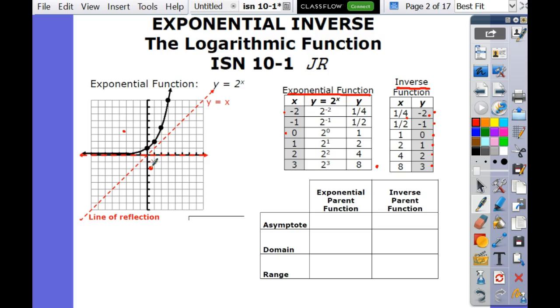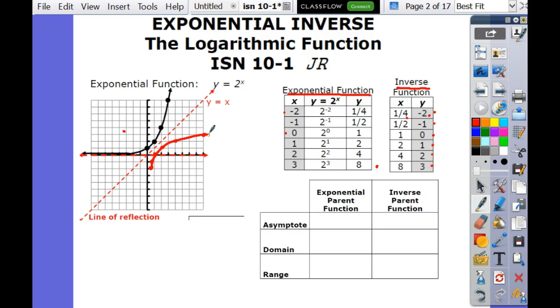And then 1/2's a little bit easier to graph, and negative 1, 1 and 0, 2 and 1, so here is the graph.